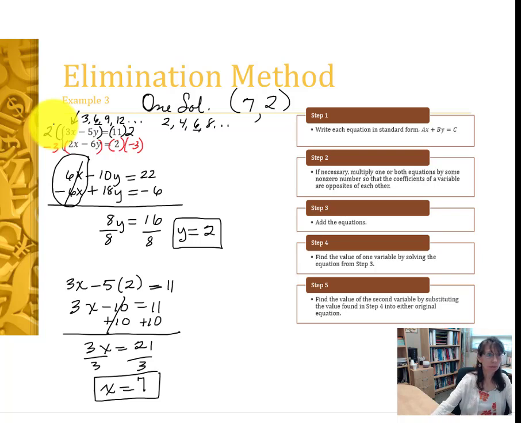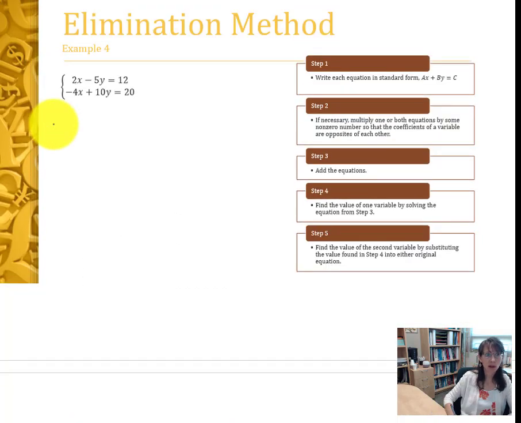Let's try another example. Here we have 2x minus 5y equals 12 and -4x plus 10y equals 20. So if I start by looking at the x column, 2 added to -4 doesn't make 0. -5 added to 10, that doesn't make 0 either. So I'm just going to start with x.